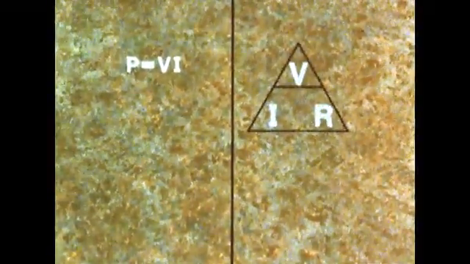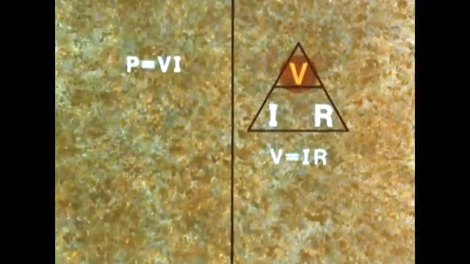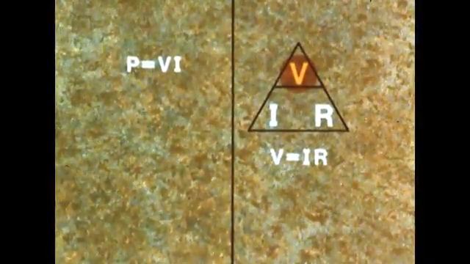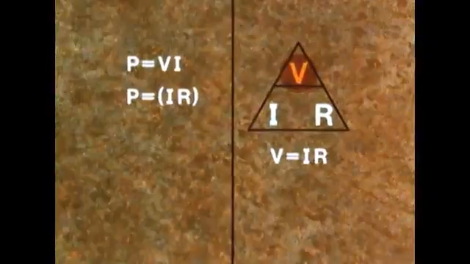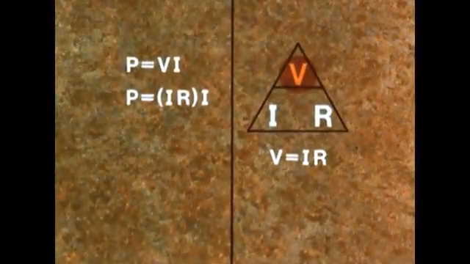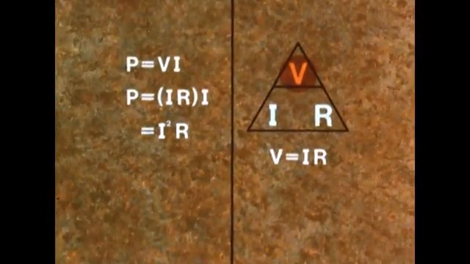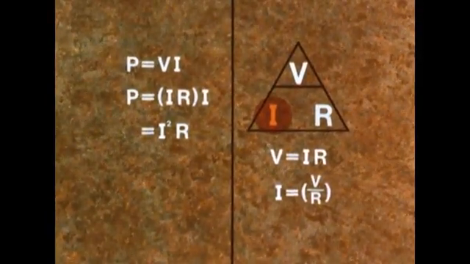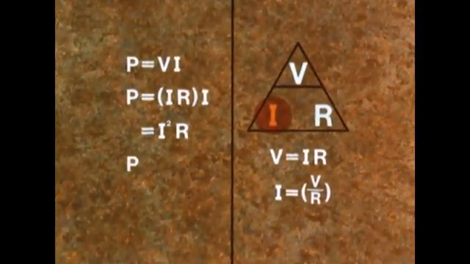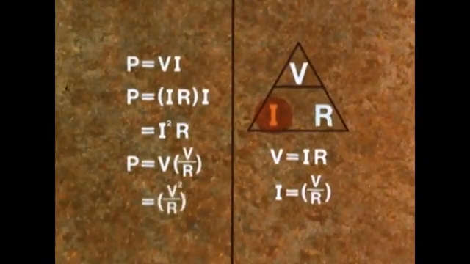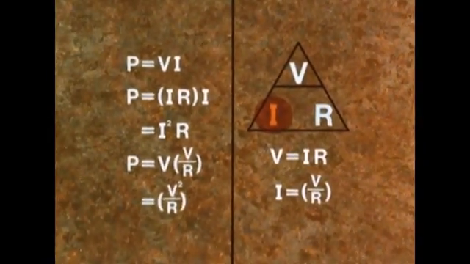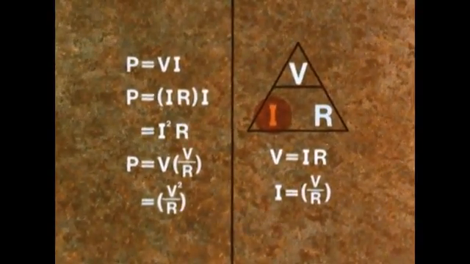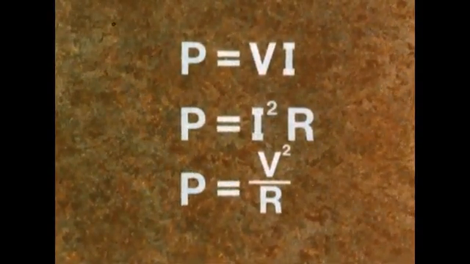There are other ways of expressing the power formula, P equals VI. You remember the Ohm's law triangle, from which we can say that V equals IR. So if in the power formula we put V equal to IR, it simplifies to P equals I squared R. Similarly, I equals V over R. And if we put this value for I in the power formula, we get P equals V squared over R. So we have 3 ways of expressing power.